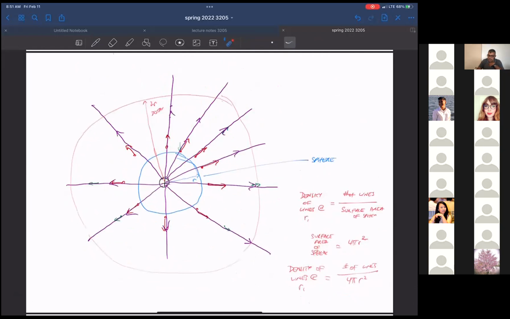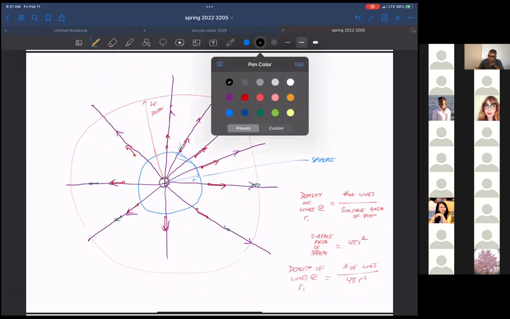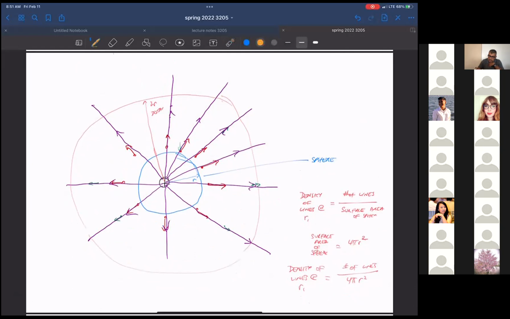The point I'm making here with these two points is just thinking of the density of the lines crossing. So let me draw this, keeping the distance the same. Now I'm probably gonna confuse you guys more, but let me just do it anyway.